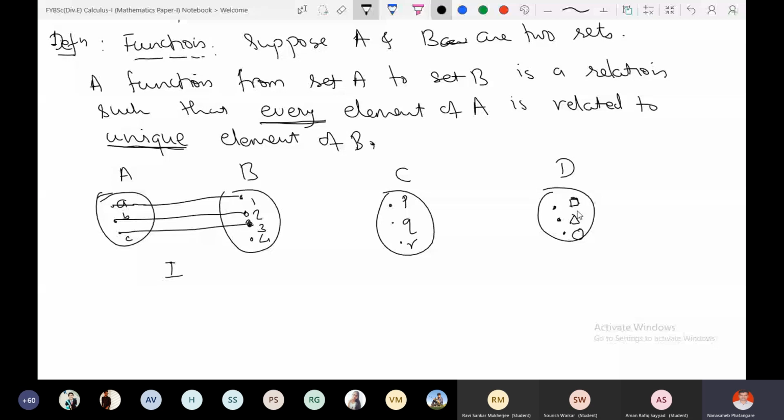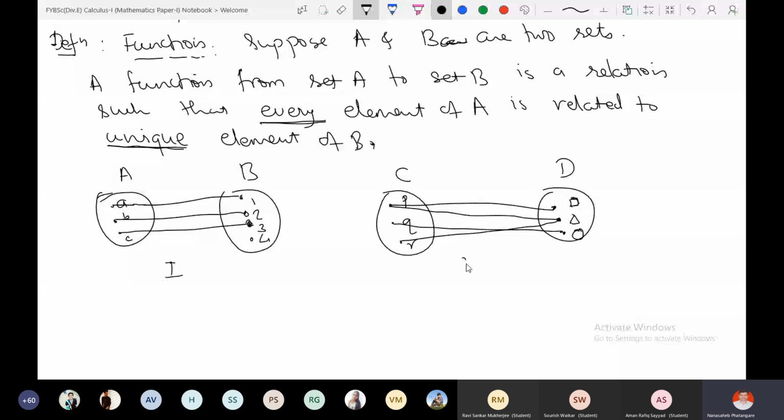So I will relate P with this square. I will relate P with triangle also. I will relate Q with this, and I will relate this with triangle.